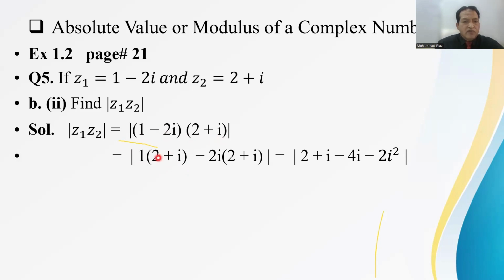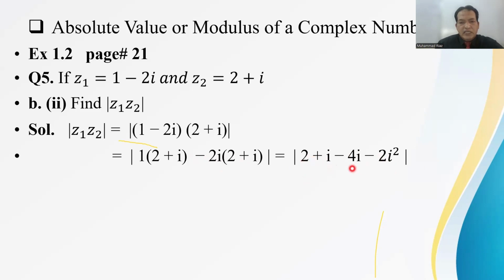Now the product of 1 with 2 plus iota, we have 2 plus iota, and when minus 2 iota is multiplied by 2 plus iota, we will get minus 4 iota, and minus into plus minus 2 iota square.